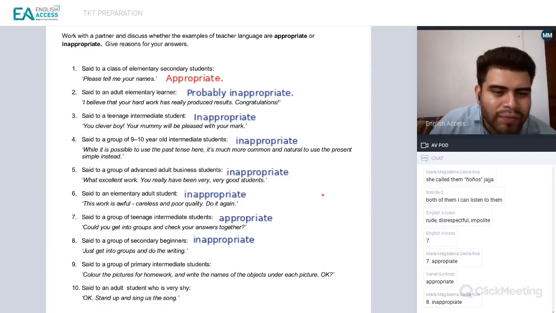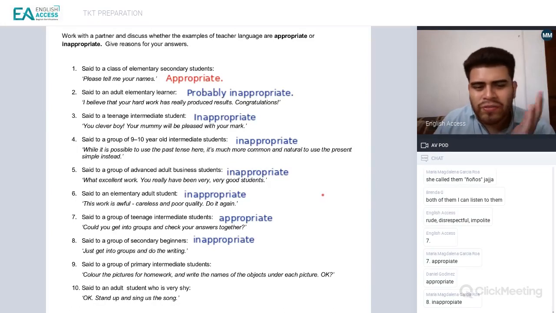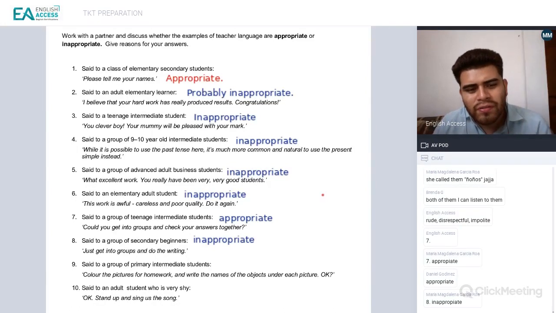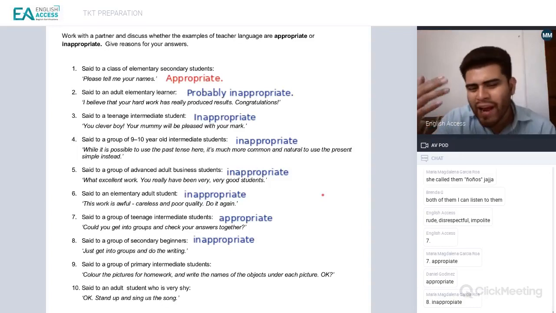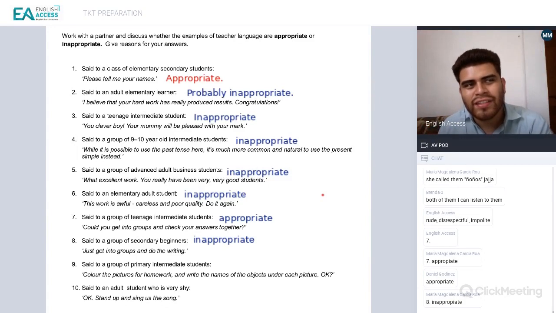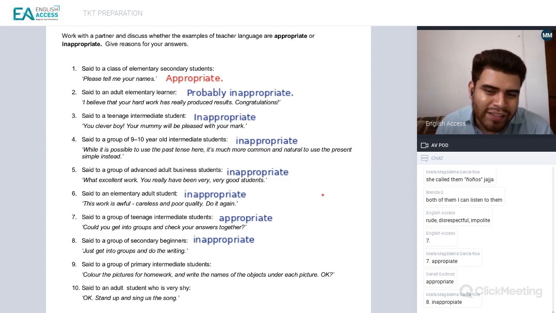It's too vague. You can reduce it. You can say get into groups and write. If I say do the writing, that's kind of, do it yourself. Yes, it's inappropriate. Very good.